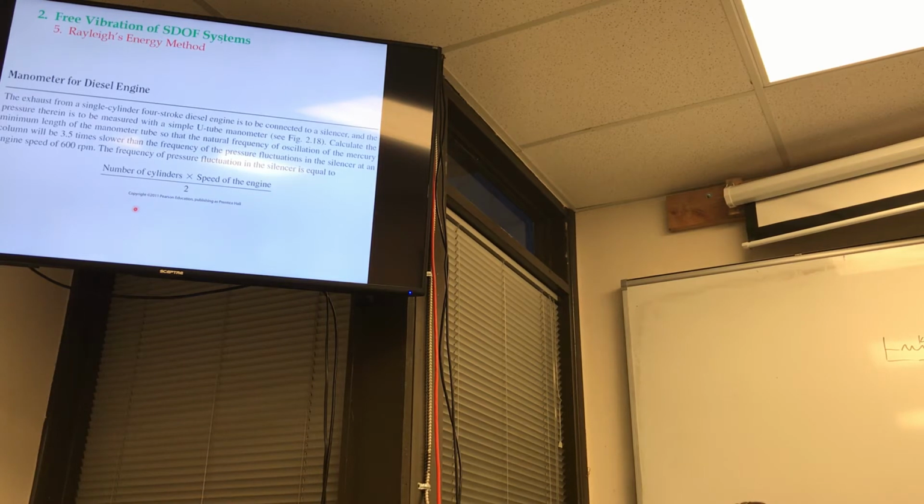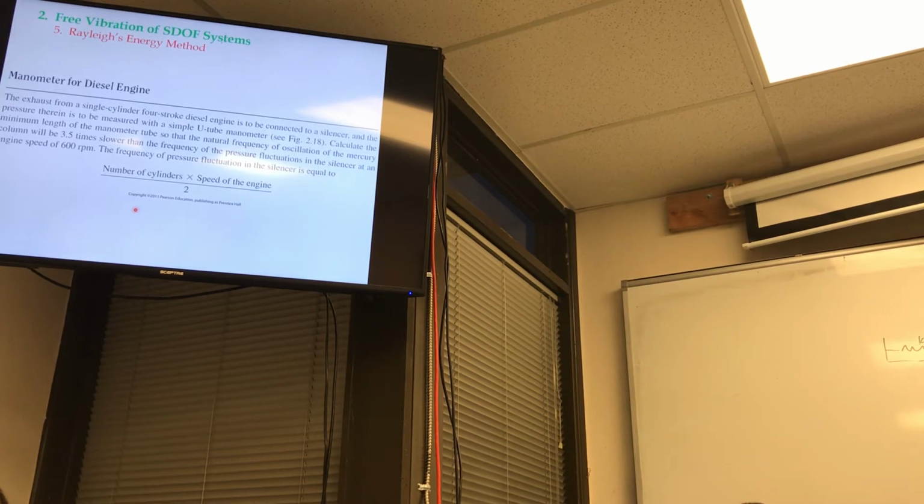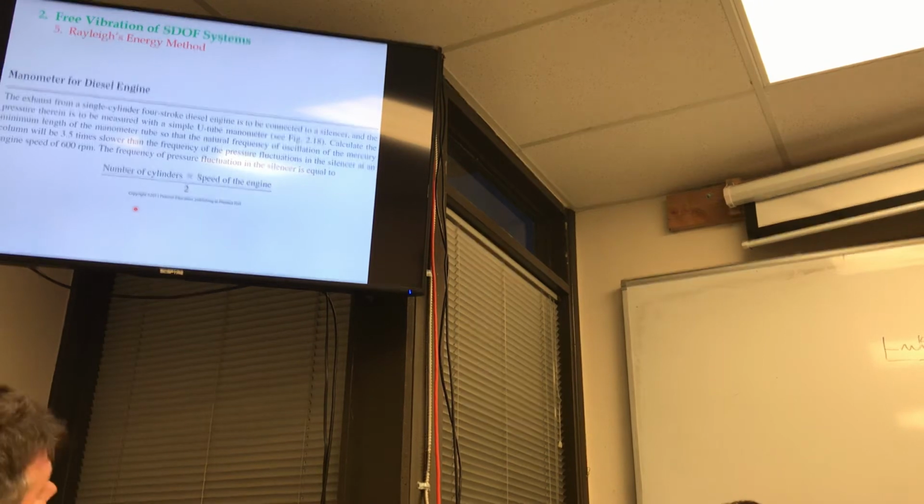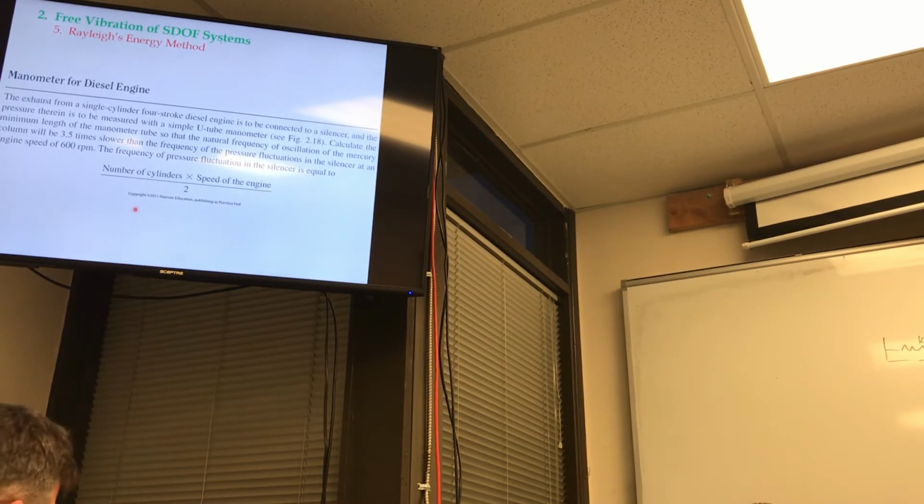An example that is given to you here is a manometer for a diesel engine. We know what manometers are from what we've been doing in fluids. So the exhaust from a single cylinder 4-stroke diesel engine is to be connected to a silencer, and the pressure therein is to be measured with a simple U-tube manometer, okay?